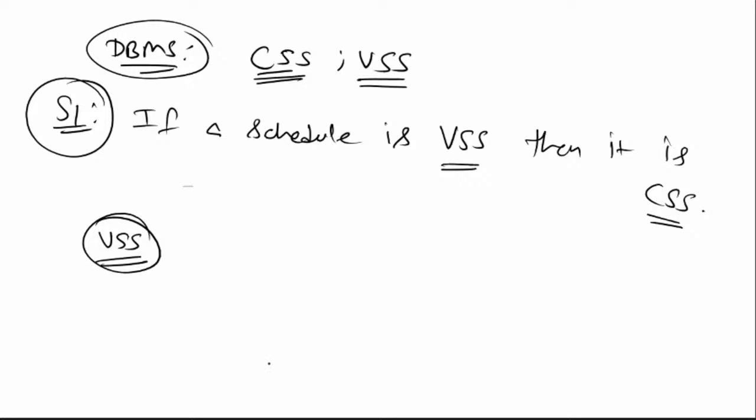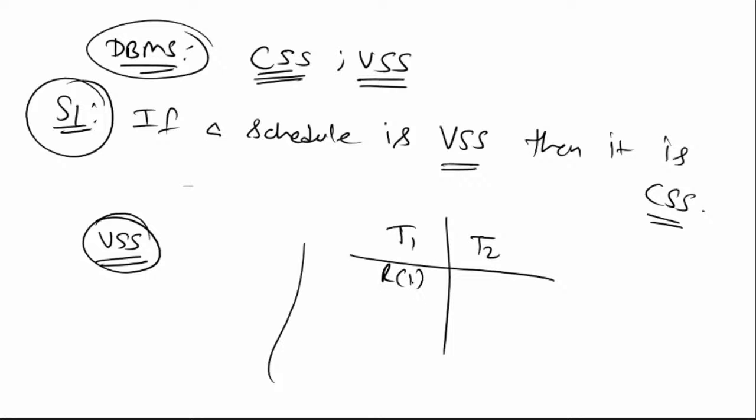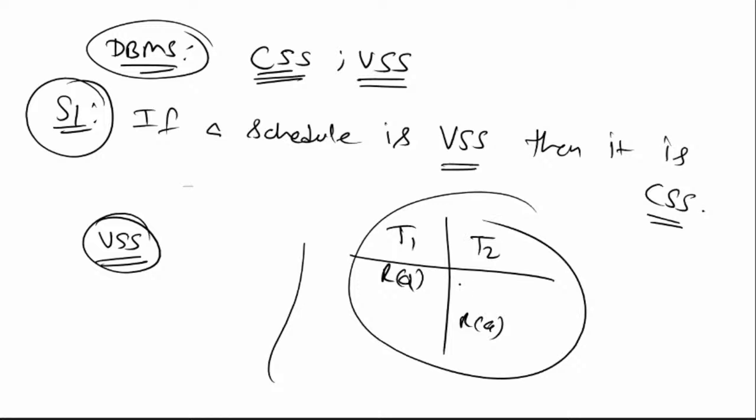But now if someone tells you to consider this schedule, for example, with T1, T2, and this schedule, RA. Consider this schedule. Very easy schedule. There is no write operation here. Because there is no write operation, definitely this schedule is view serializable. This schedule is also conflict serializable. Now consider this schedule.